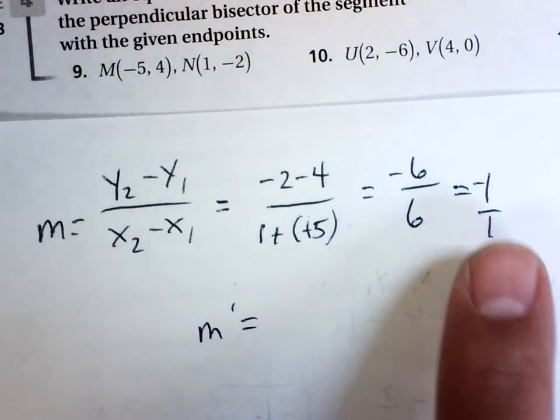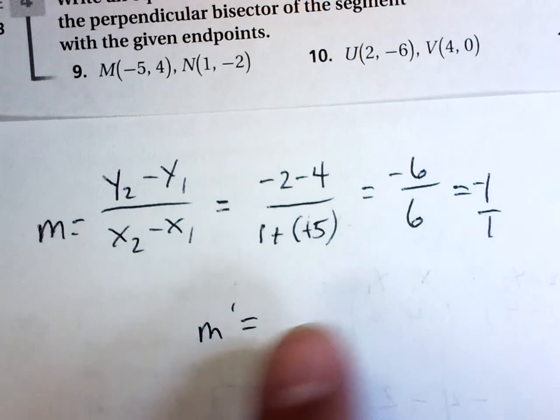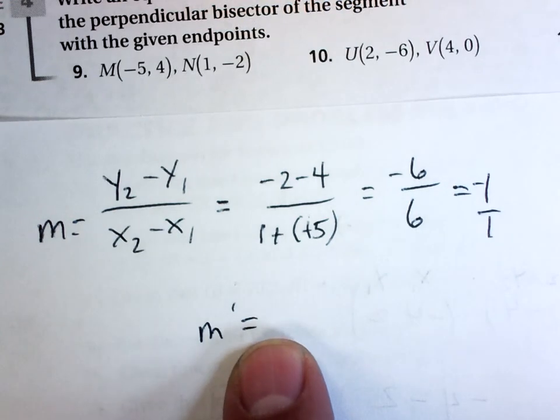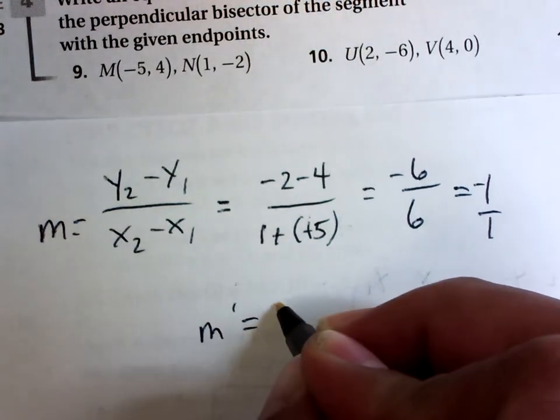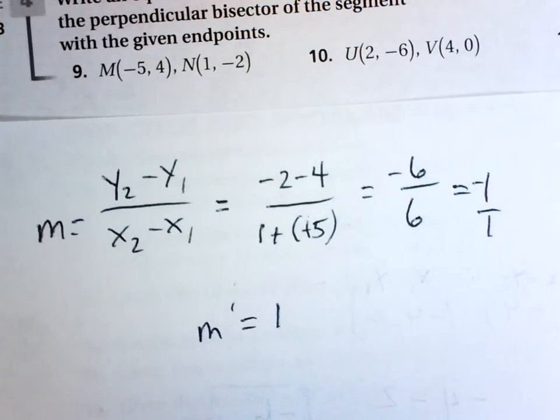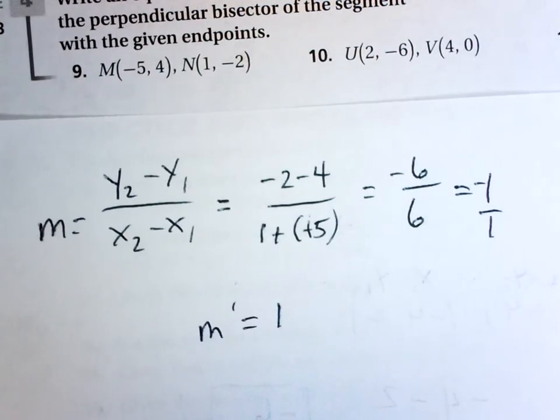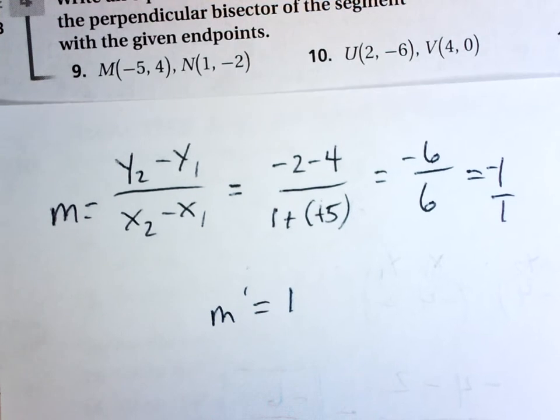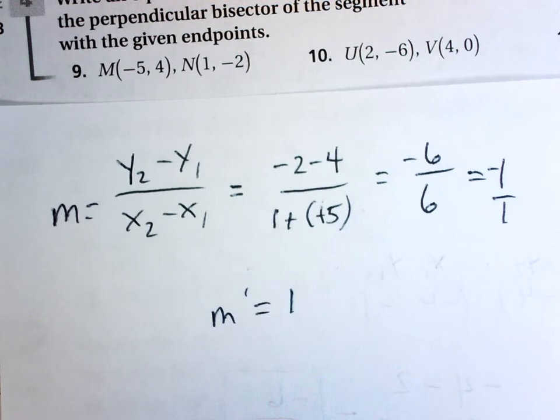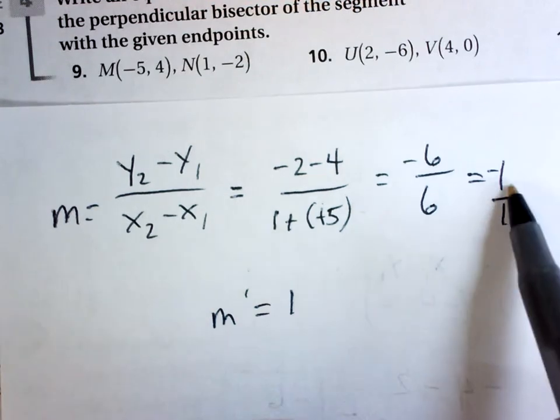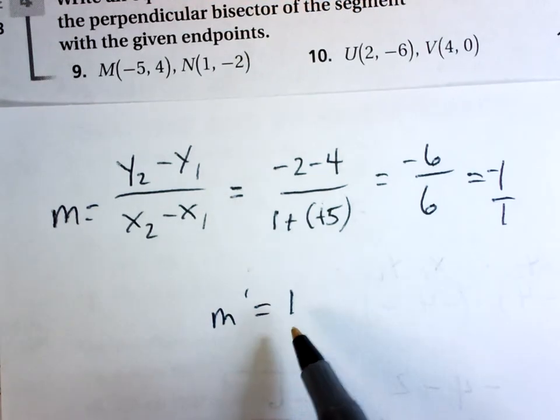So if this slope is negative, my perpendicular slope must be positive. So my slope of the perpendicular must be a positive 1. Another way to think about perpendicular slopes is you should be able to multiply them together and it should always equal negative 1. Well, what's negative 1 times positive 1? That does equal negative 1.